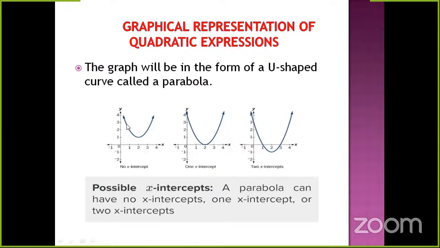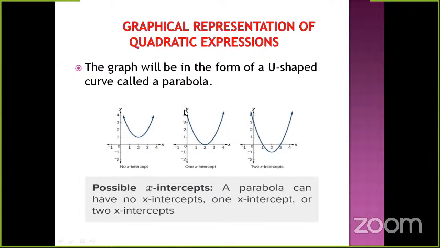In the first case, since the curve is not touching or intersecting the x-axis, the quadratic expression will have complex roots, that is non-real roots. So if the curve has non-real roots or complex roots, then the curve does not touch or intersect the x-axis.